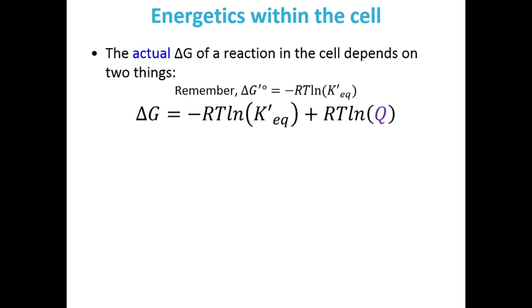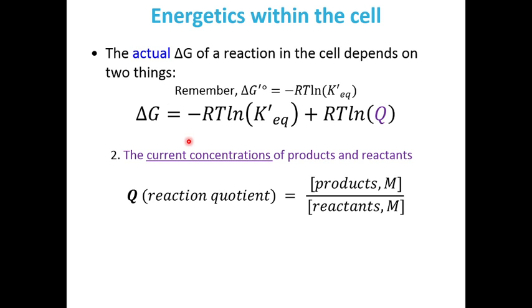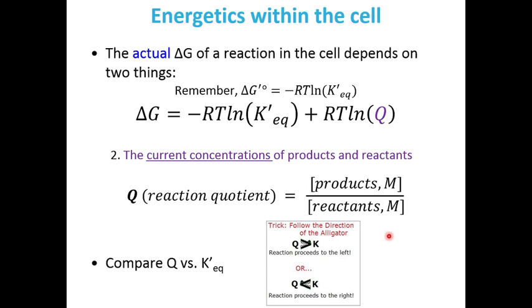In addition, if you remember, delta G0, the standard free energy change, is equal to this expression. And we can insert that expression into the equation for the actual free energy change. The current concentrations of products and reactants is the second term that is involved. This is called the reaction quotient, which is equal to the ratio of products to the reactants, and in this case concentration of products to the reactants.